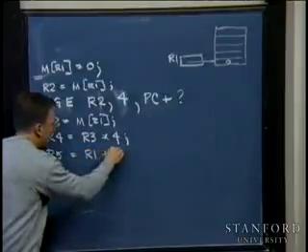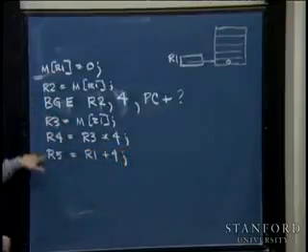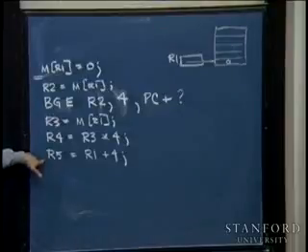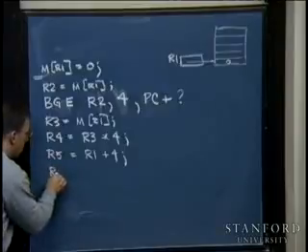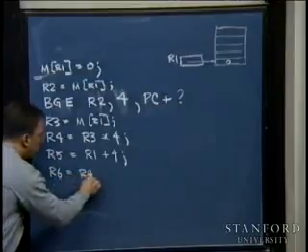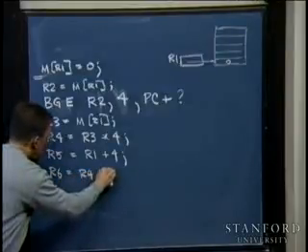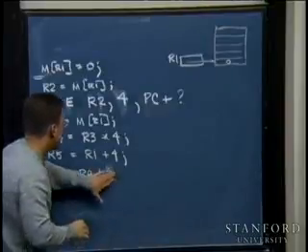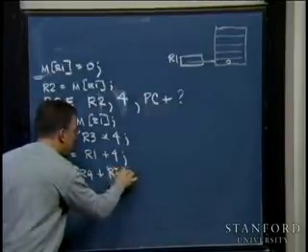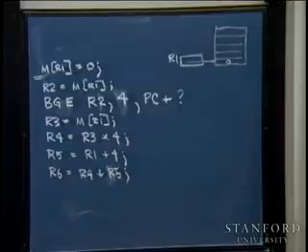This stores the offset. This stores the base address of the entire array. R6 is equal to R4 plus R5. R6 has the address within the array that should get a 0 on this particular iteration.